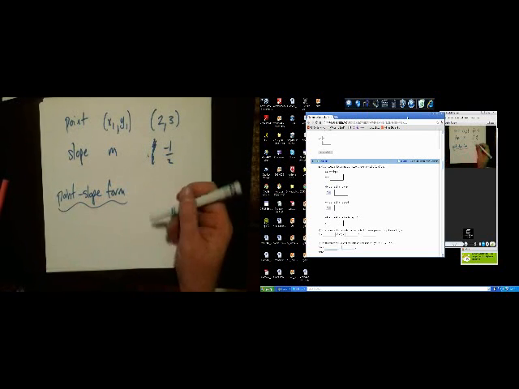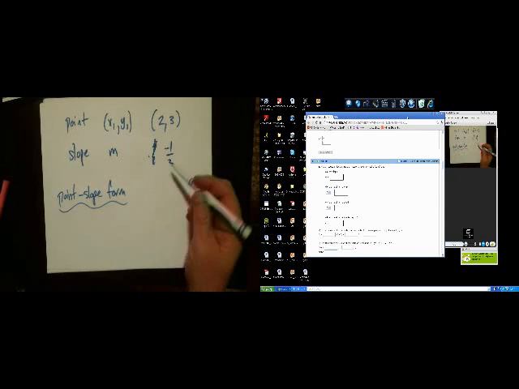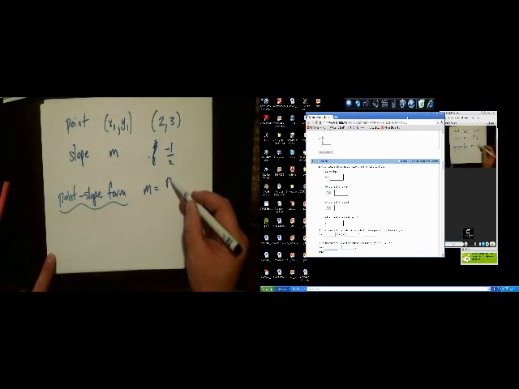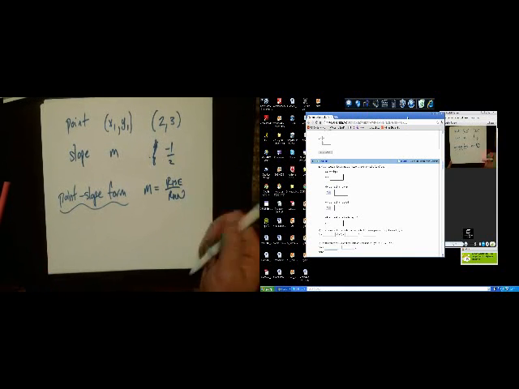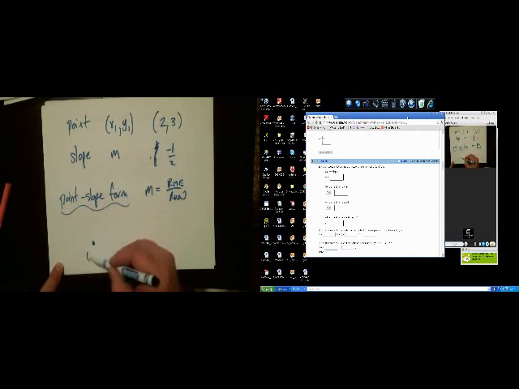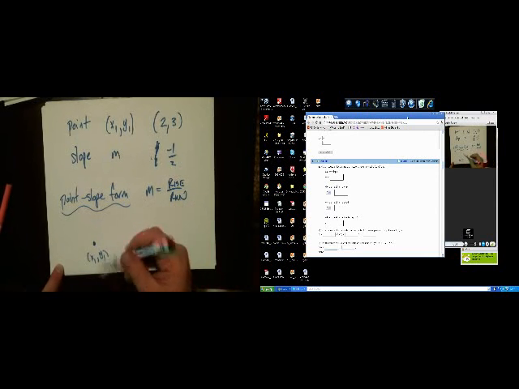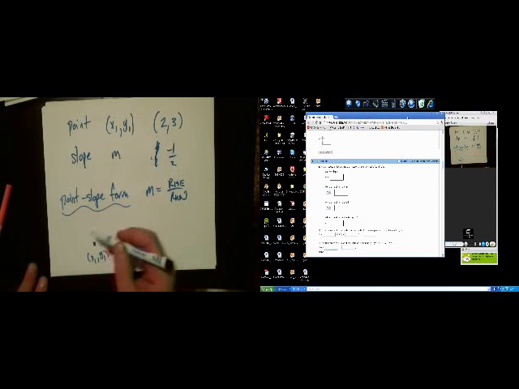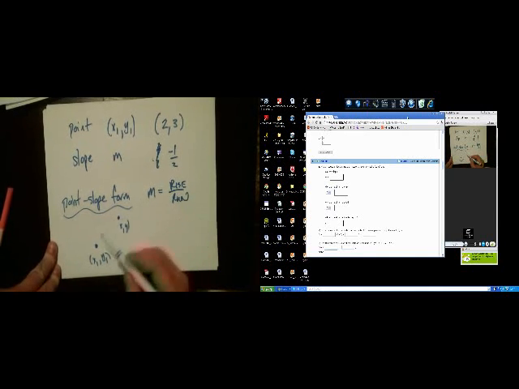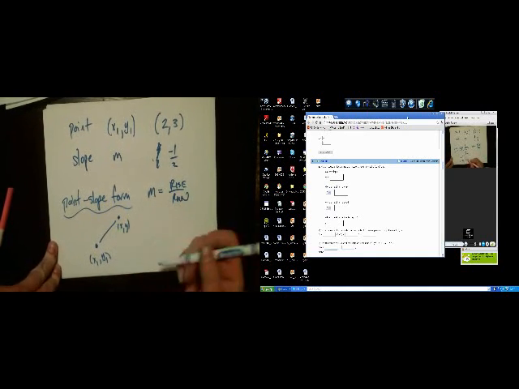The one thing about slope is you probably do remember this: the slope is equal to rise over run. So if I have my x1, y1, and we're thinking of these as numbers, out here I have any old x, y on my line.